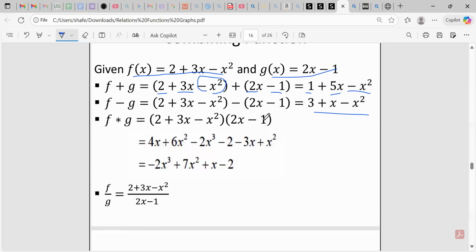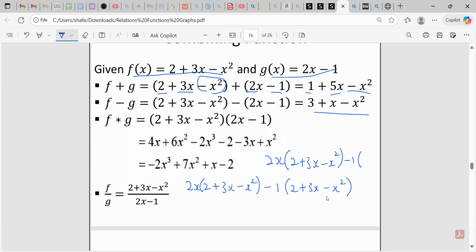You can multiply this out, right? Using the distributive law. That's kind of hard for most of you. So what you do is multiply this by everything there. So you put 2x times 2 plus 3x minus x squared, minus 1 times... I think the space is too limited. Let me do it at the bottom. 2x times 2 plus 3x minus x squared, minus 1 times 2 plus 3x minus x squared, right?